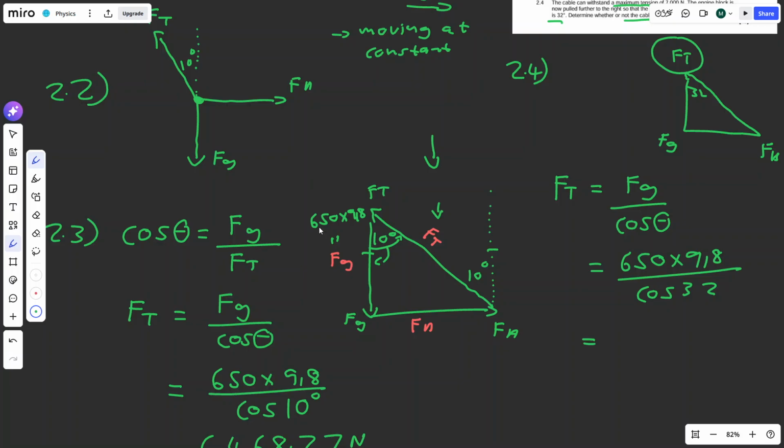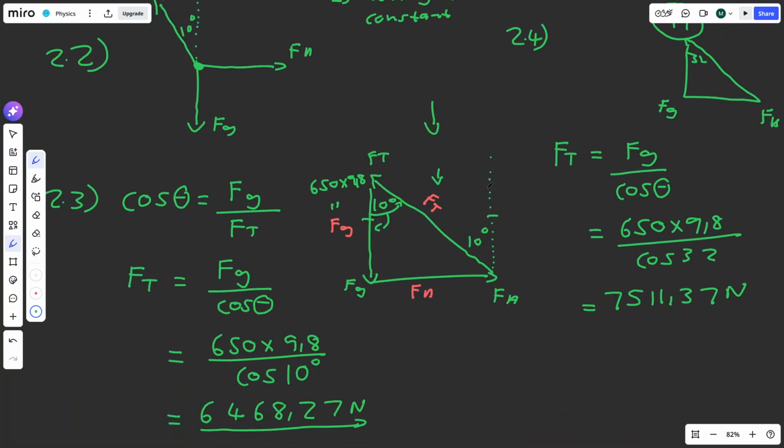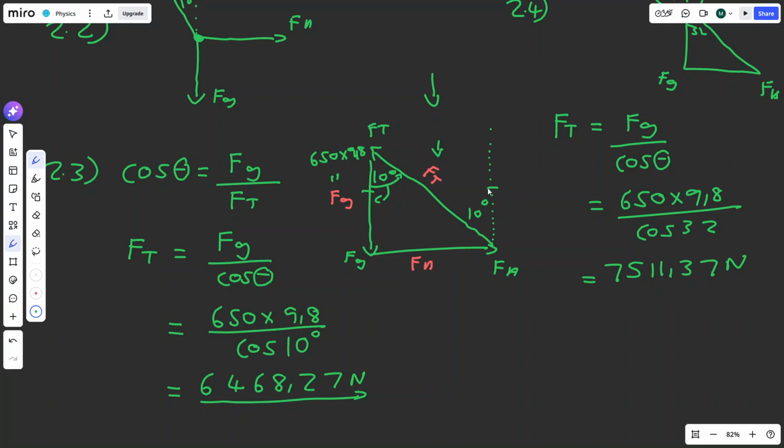So now what is the answer here? Once you plug this into your calculator, you should get an answer of 7,511.37 newtons. So now what we need to do is compare it with the 7,000 newtons that was given in the question. Okay. So the maximum limit is 7,000.